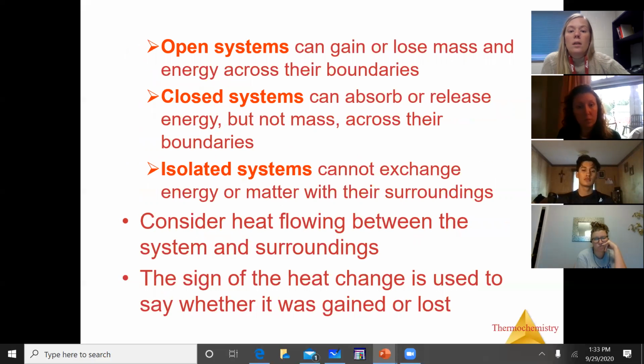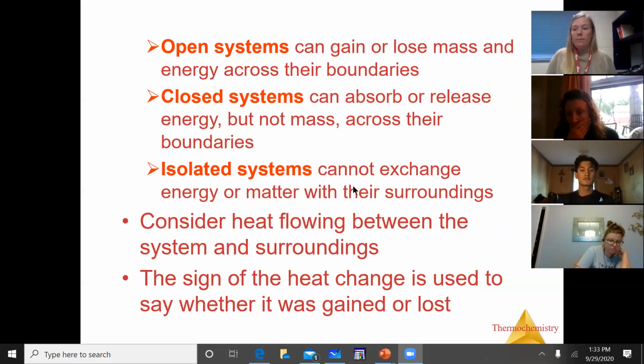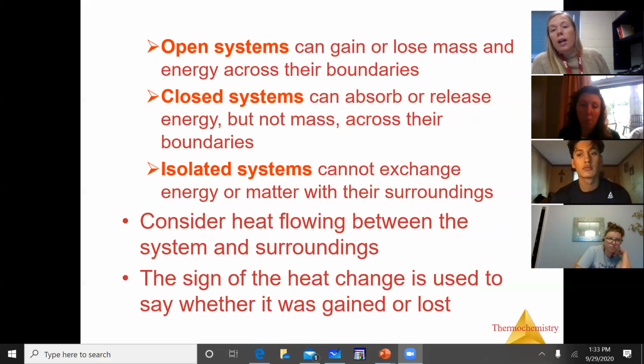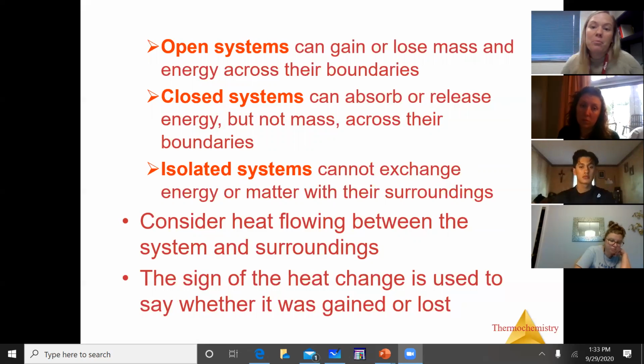When you hear someone discussing an open system, in an open system you can gain or lose mass and energy. So I can transfer energy, and I can also transfer mass. We could put heat out, and we could also lose some of the material that we have.